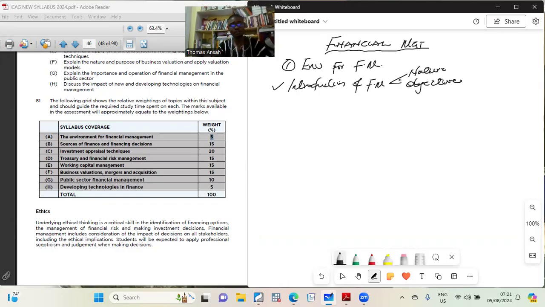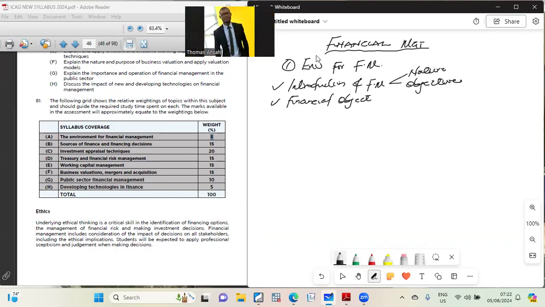That is not the only thing. Even though he says the environment of financial management, what you also see here is that we'll be talking about financial objectives and strategy formulation.